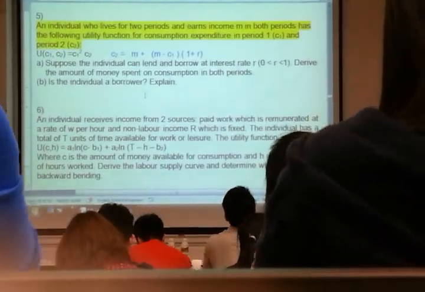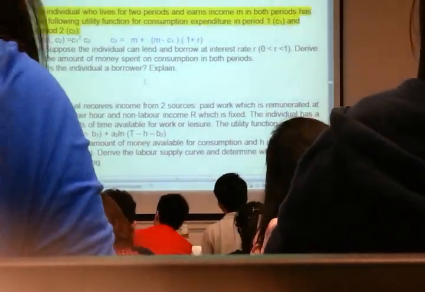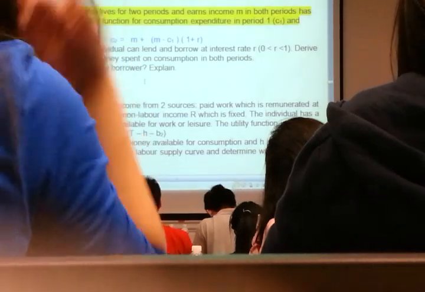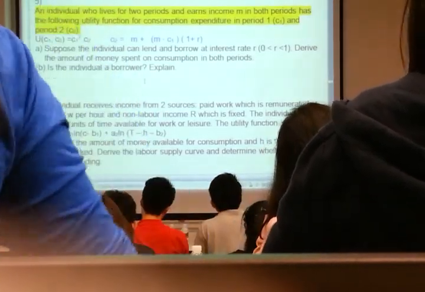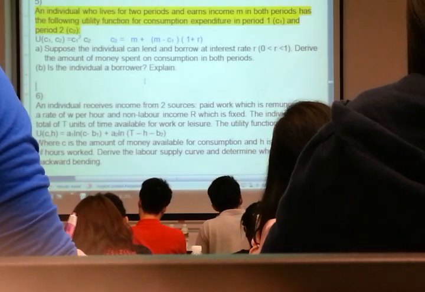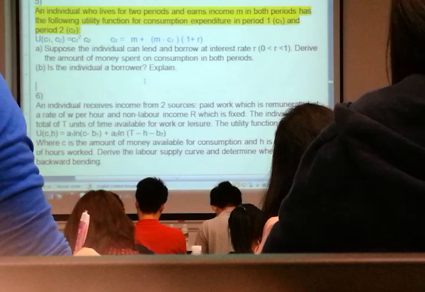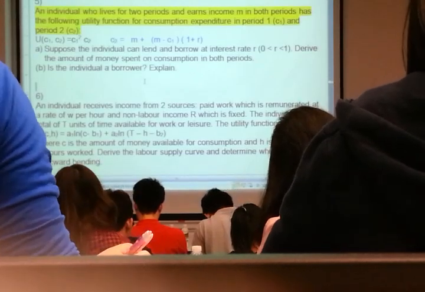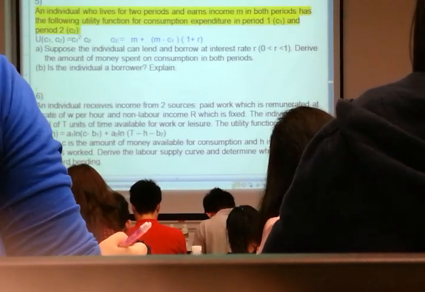This is for 2 periods, then you come M in both periods. Intertemporal choice again. Right. Intertemporal choice. Now, we are given this thing.